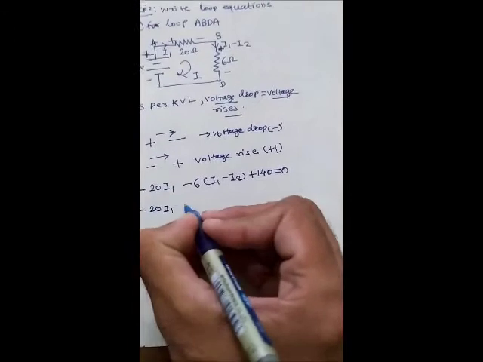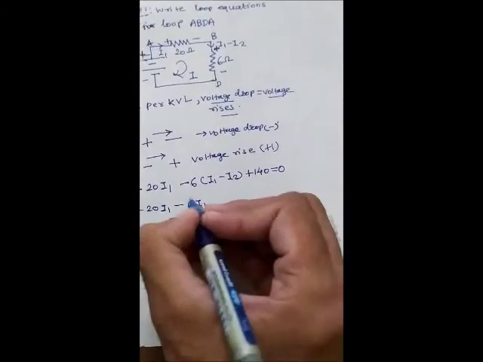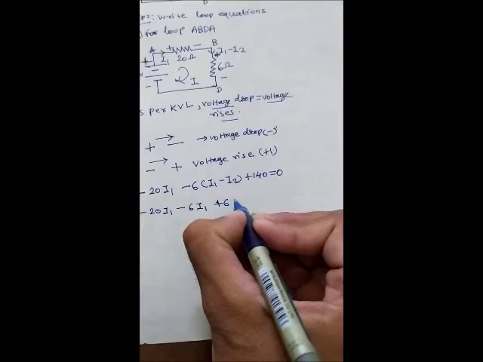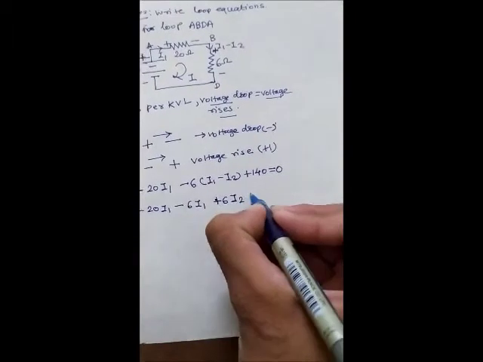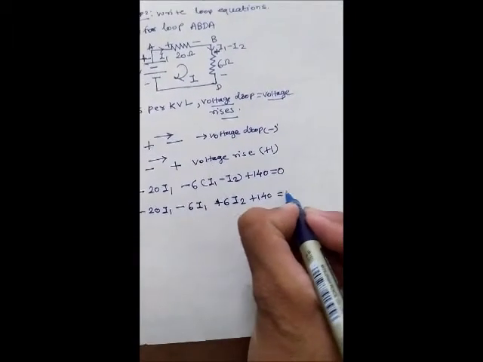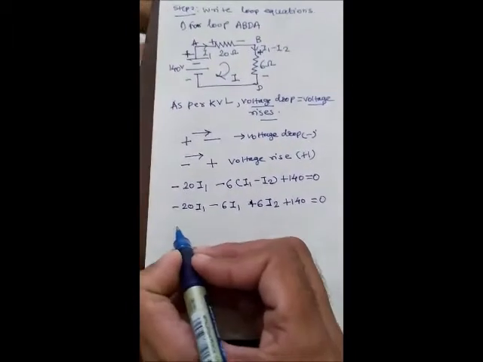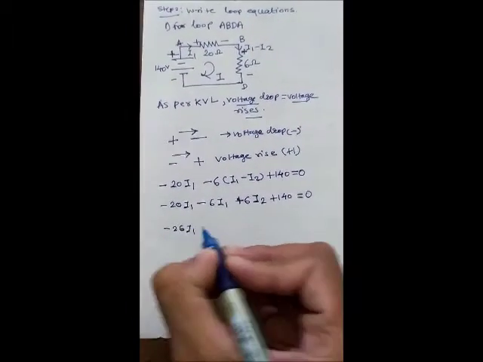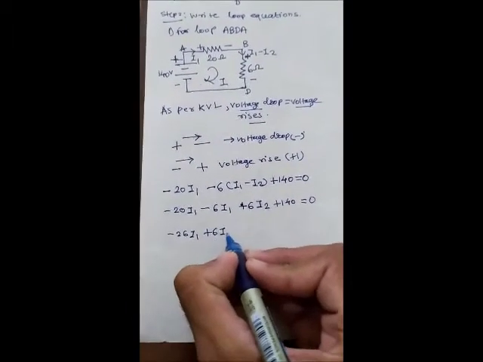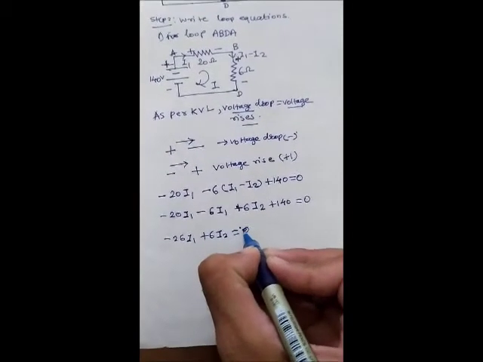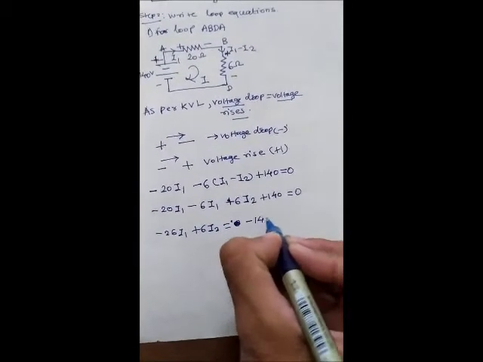Minus 20 I1 minus 6 I1 plus 6 I2 plus 140 is equal to 0. Minus 20 I1 minus 6 I1 is minus 26 I1 plus 6 I2 is equal to, I will take it as minus 140.